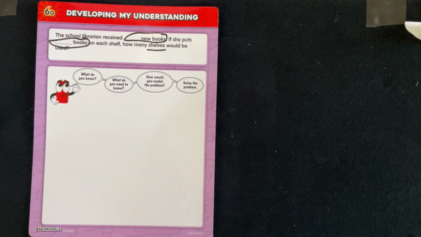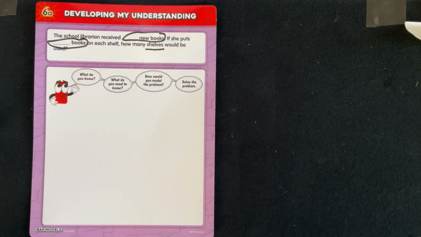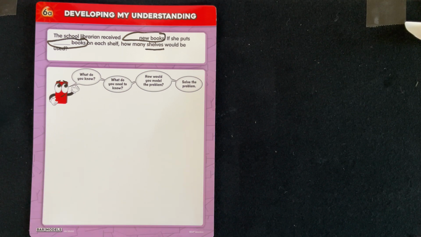So what we want to know is, how many shelves is she going to use to take every one of the books that perhaps she has in this box? So when all the books are gone from the box and they're all put on the shelf, that's where she notices that she only wanted a certain amount on every one of those shelves. And in this particular problem, because it's just written this way, it's going to come out even.